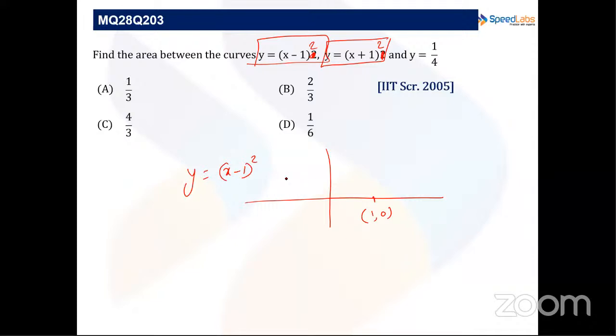and put x equals 0, so y will be equal to 1. And y equals x plus 1 whole square also represents a parabola whose vertex is at minus 1 comma 0.